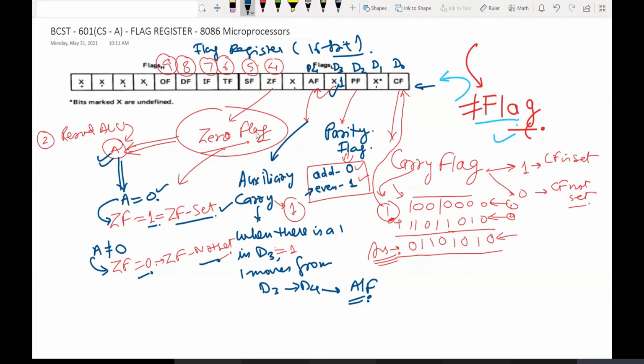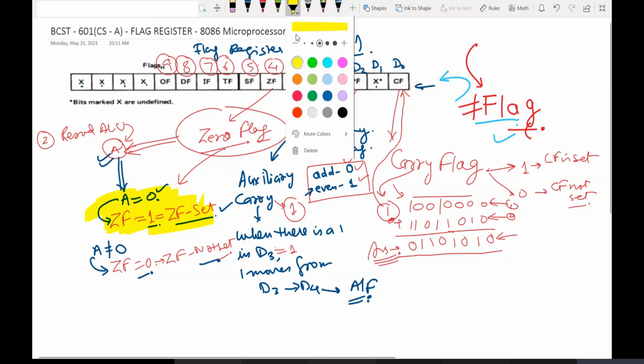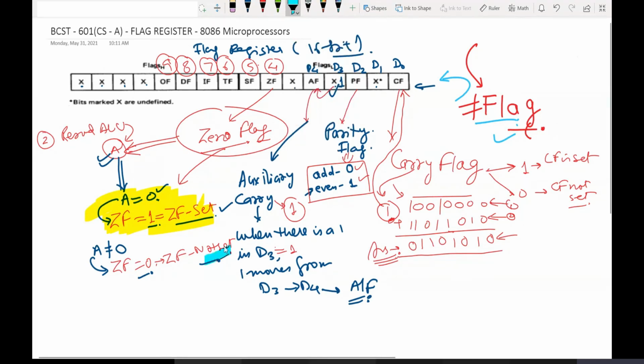That means the complicated part is that the zero flag is only interested when the accumulator is having a zero value inside. But when it is not having any zero value inside, it goes the other way.